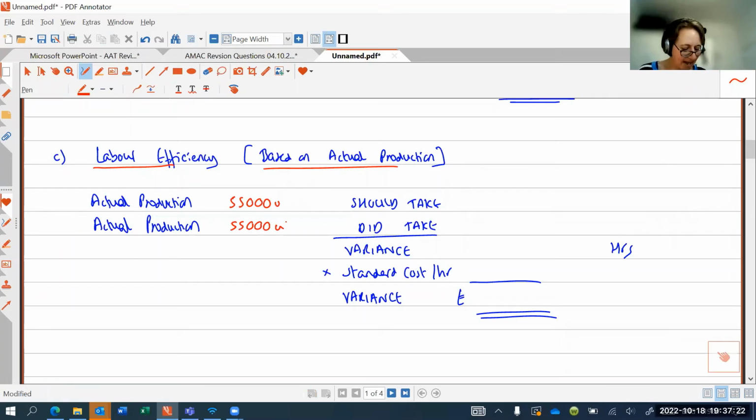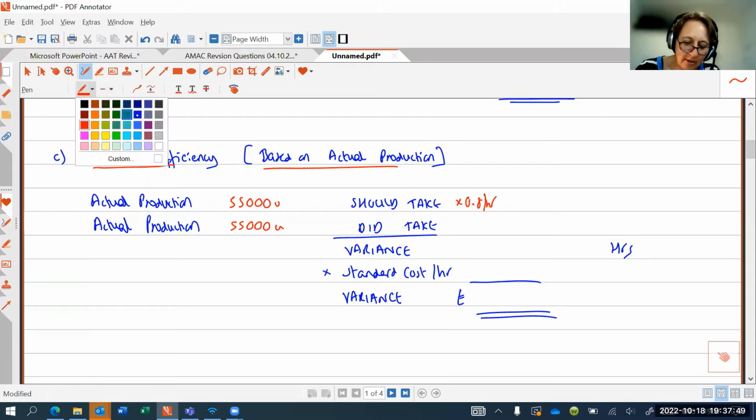That's how many units were actually produced. So it is the same as the usage variance in terms of the pro forma, it's almost identical. It's different question data, so it's 55,000 units. How long should each one take? We just worked that out. It was 0.8 of an hour. Let's have a look then. I've got to do 55,000 of them. They take me 0.8 of an hour each. How many hours am I looking at?